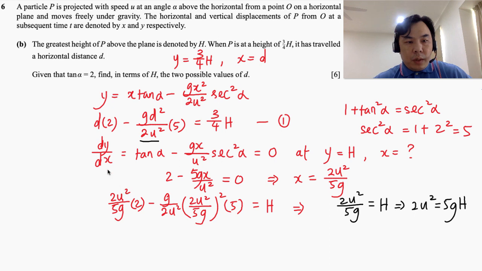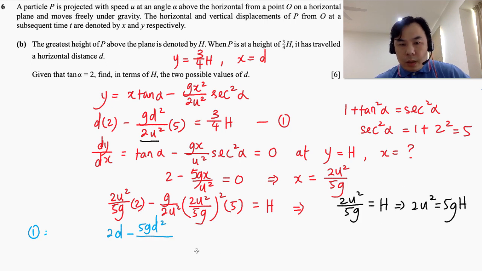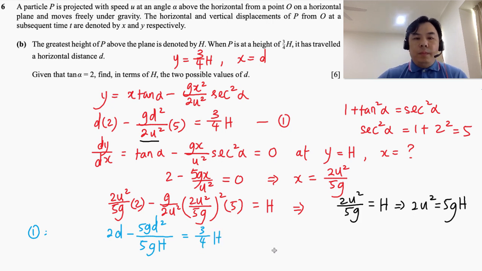Now I'm going to write it down. From equation 1, I have 2d minus gd square, I have 5 here, and then my 2u square is actually 5gh, and that will be the same as 3 over 4h. It can be further simplified.